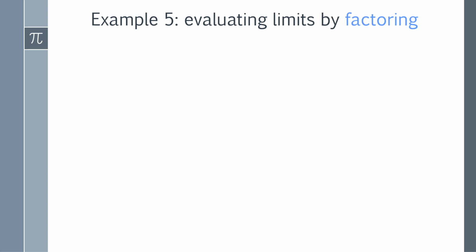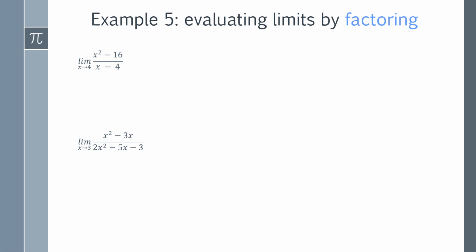Now we're ready to discuss the technique of factoring when evaluating limits of rational functions. So let's take a look at these 2 examples. The first one says, let's compute the limit as x goes to 4 of the rational function x squared minus 16 over x minus 4.